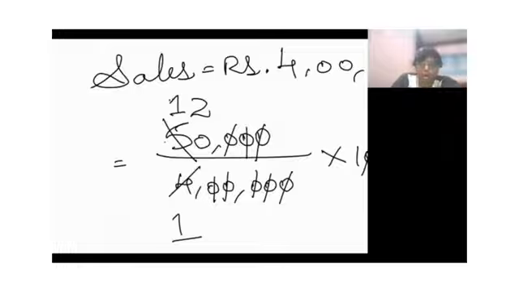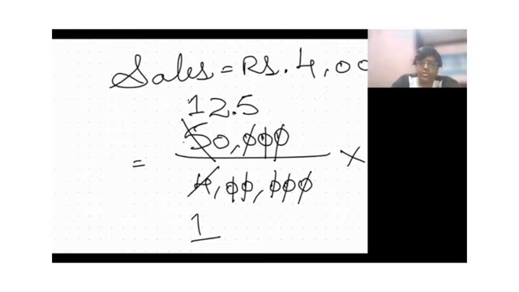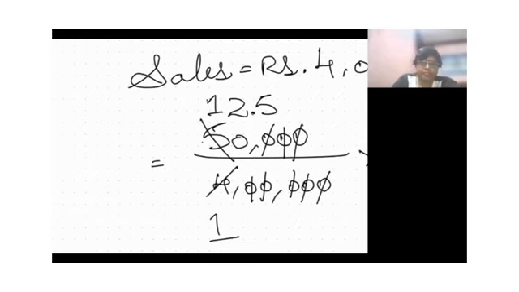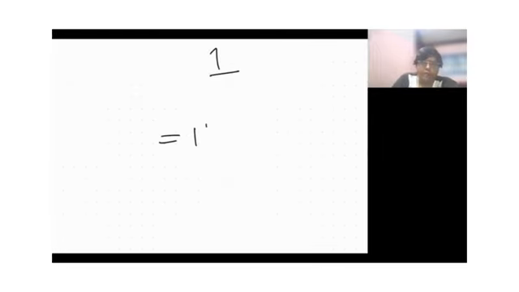So keeping a point here, 8 remaining 2, so keeping a point here, we can add a 0 with the remaining 2, so it will become 20. So in 4 table 20 comes 5 times. So it is 12.5%.